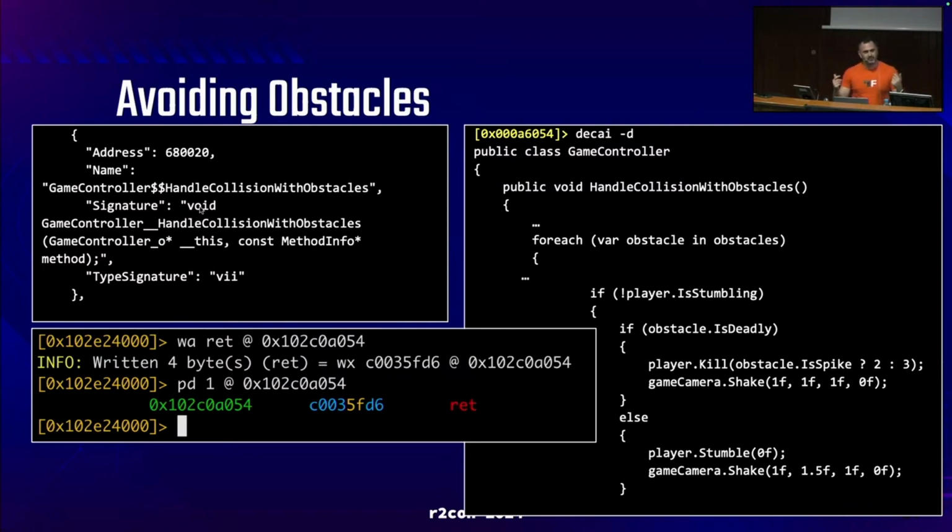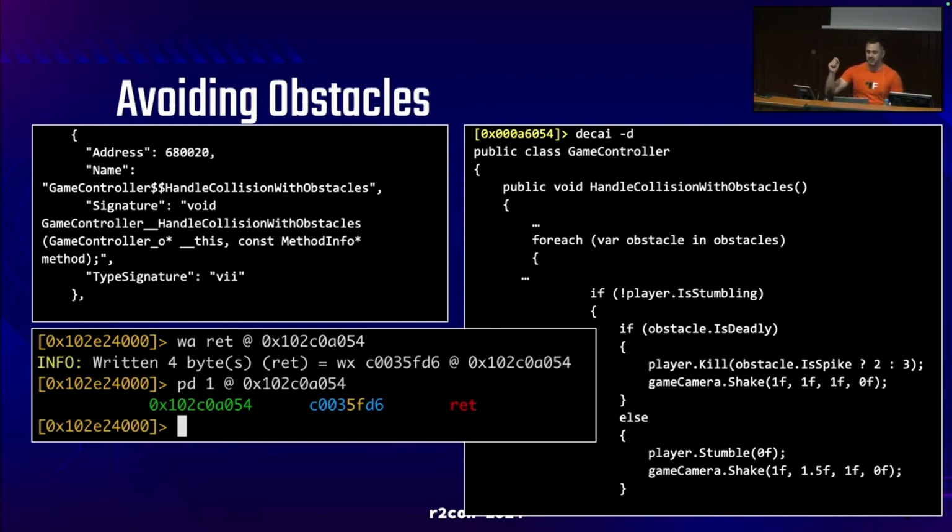So here, the way I use it's quite different. I'm not just calling a method. I'm just getting the method that is handling the obstacles, and then just overwriting the beginning. If you remember, I can disassemble the method, and I can even modify the instructions inside the method.